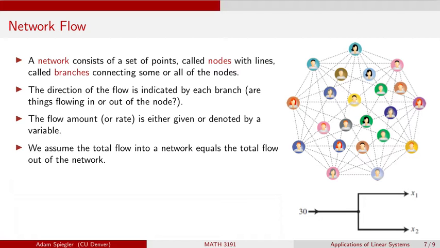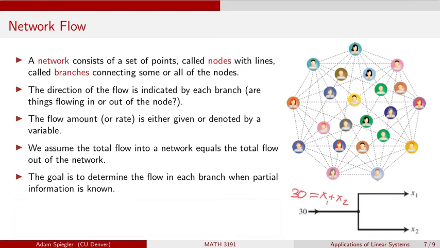So for example, over here, we would see that with 30 going in, then that should equal the sum of the stuff flowing out of this node. So that would be x1 plus x2. And the goal is going to be, if I know what the flow is in some branches of this network, then how can I figure out what the flow is in other branches of the network?